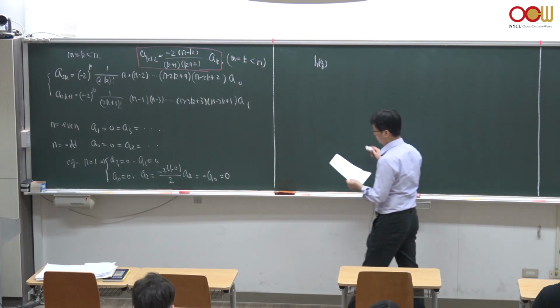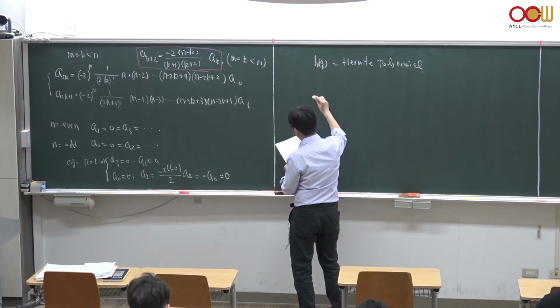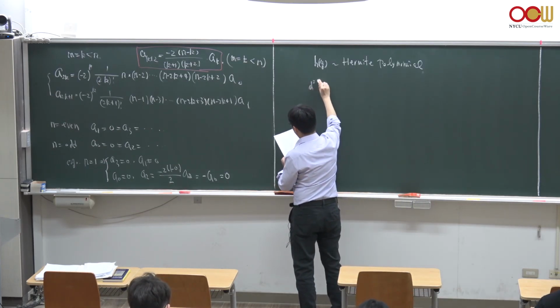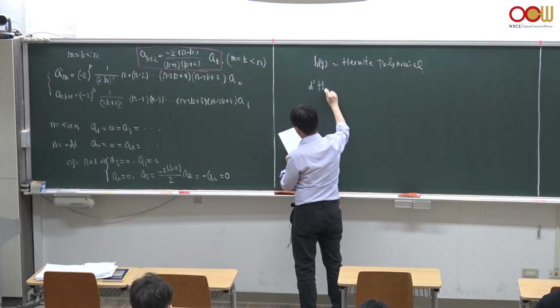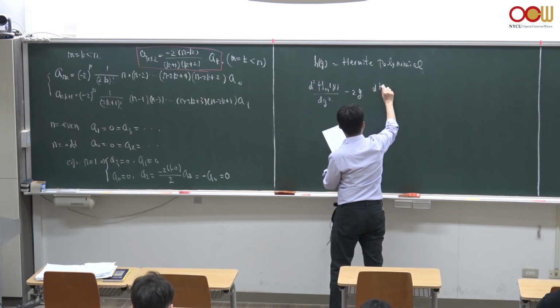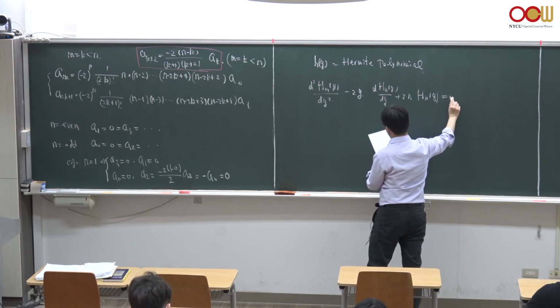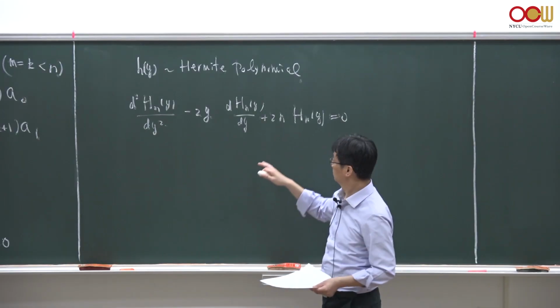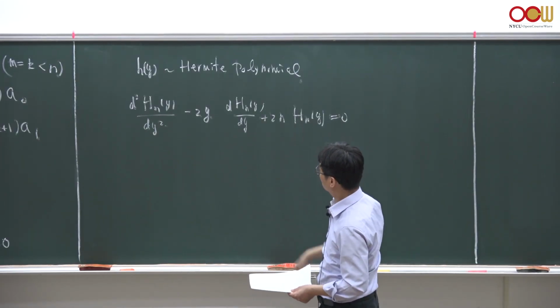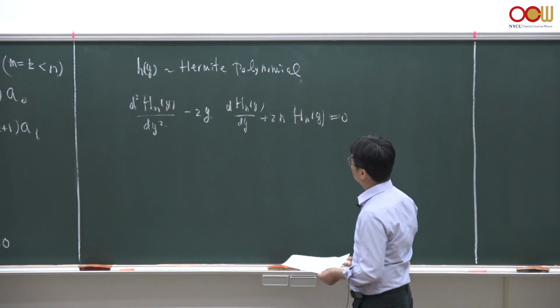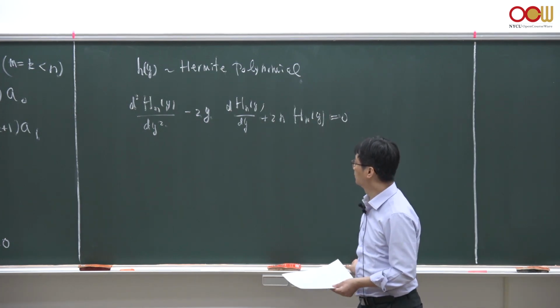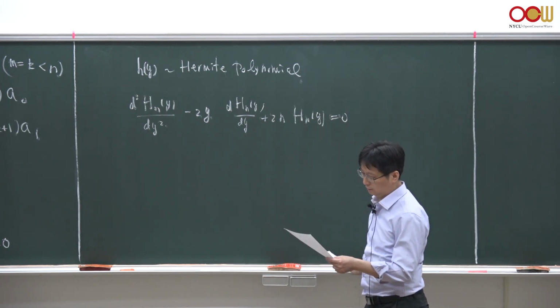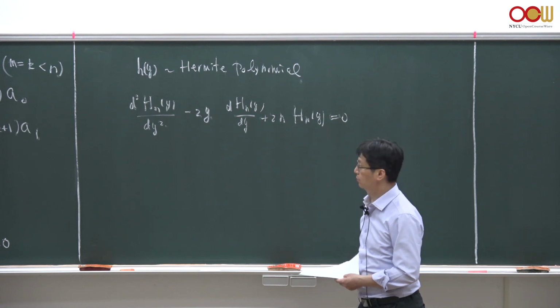It's called the Hermite polynomial. The Hermite polynomial is the solution of this second order differential equation. Again, you could plug this actual y polynomial back into this Hermite equation, and you'll find that this is precisely this h of y.